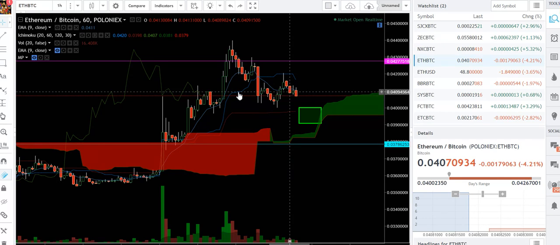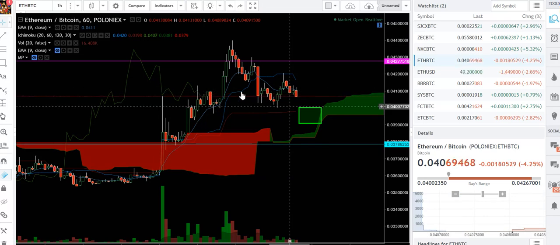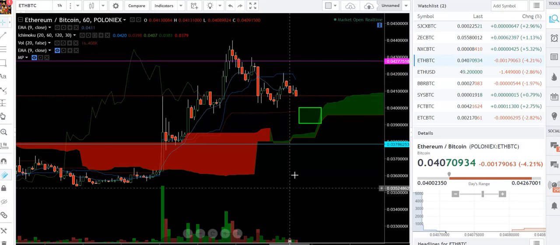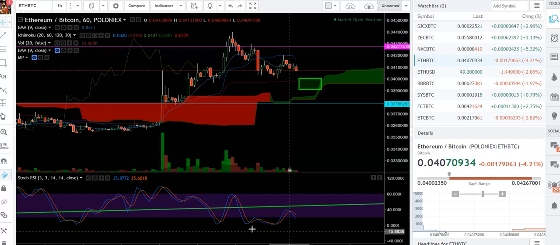But the way that I trade is I don't like to use indicators to signal me for a trade. I feel like if I do that, then I'm relying on what the Ichimoku cloud is telling me to take a trade one way or another. That would be the same as saying, okay, stochastic RSI crossed down the bottom here, let me buy. Oh, it crossed at the top here, let me sell.